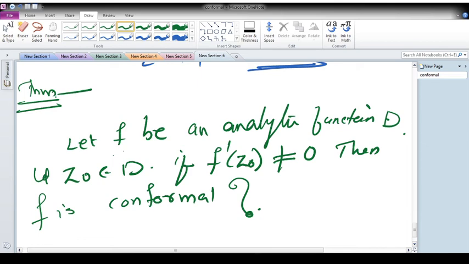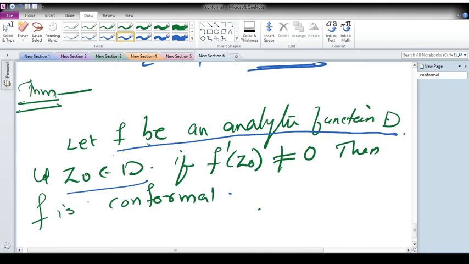Okay, this is a theorem. So f is analytic in a domain D. Then you can take an arbitrary point in D. f is conformal at z0 if f'(z0) is not equal to 0.